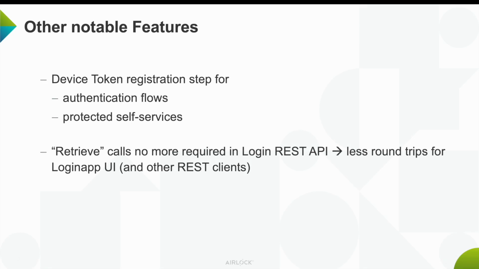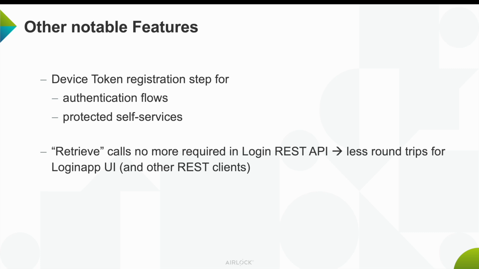Two more notable features. If you know the device token feature, then it's good to know that device token registration is now also available as a flow step for authentication flows and protected self-service flows. Then on the REST APIs, on the login REST API, all the retrieve calls are now no longer necessary.